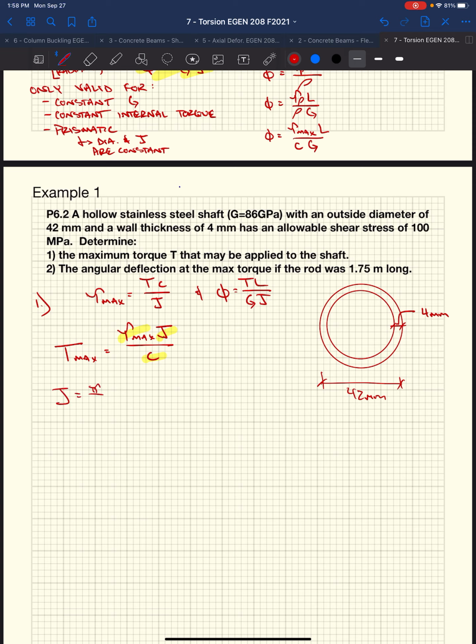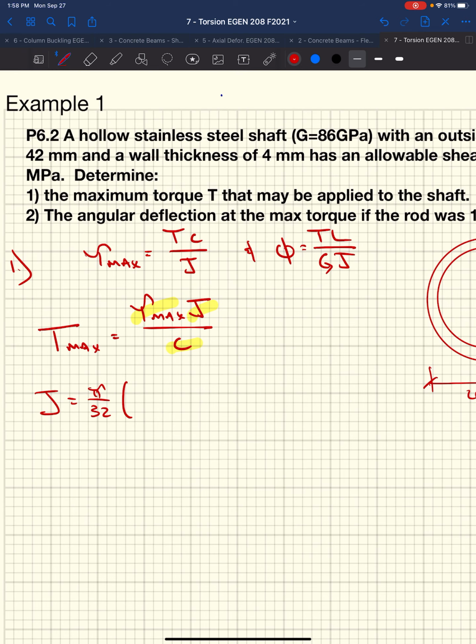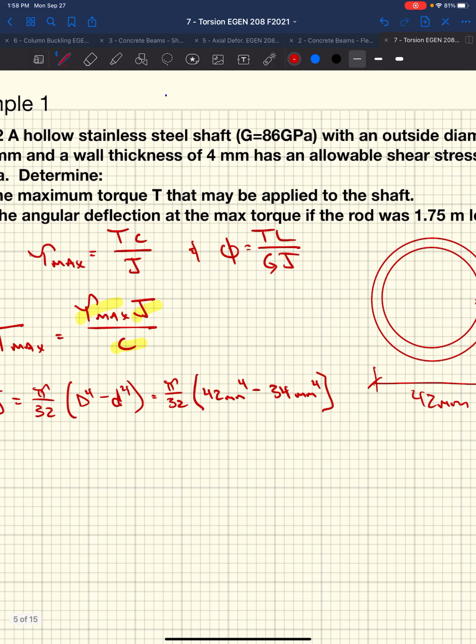I'm going to go with diameters. For a hollow shaft, it's pi over 32 times the large diameter to the fourth minus the small diameter to the fourth. So pi over 32 times 42 millimeters to the fourth minus 34 millimeters to the fourth, since the small diameter is 42 minus 8.